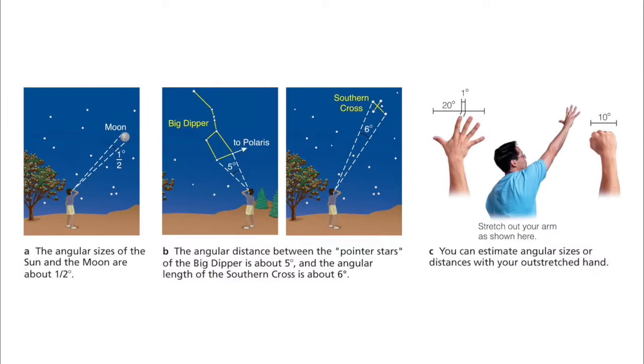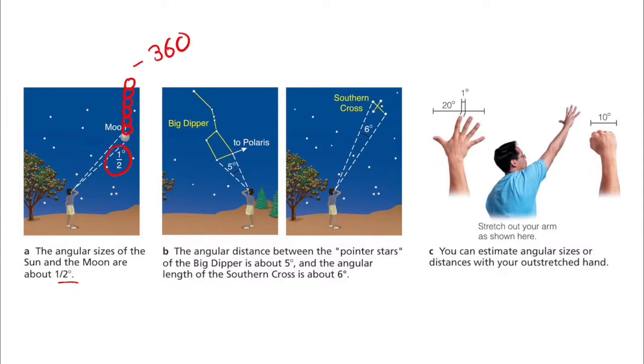Now we want to think about how big something is relative to that full 180. Well, if you look at the moon, it's half of a degree. What does that mean? That's the size of the moon. Well, that's not very useful, is it? Instead, what it means is if you took the moon and set one on the horizon, and then stacked moons one on top of the other, how many would it take to go all the way along the meridian, from horizon to horizon, passing through the zenith? Think about the number.